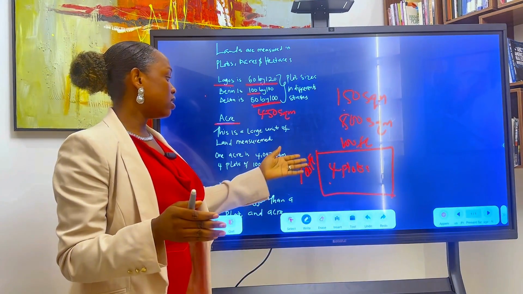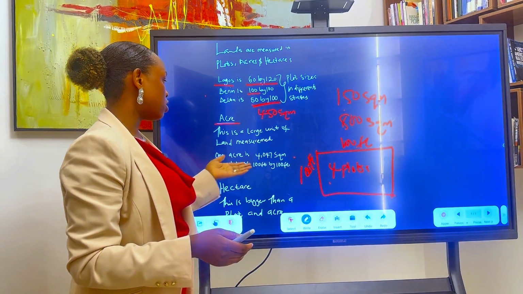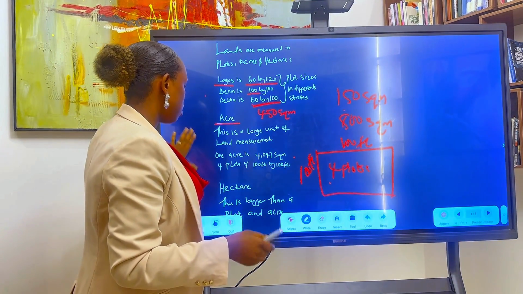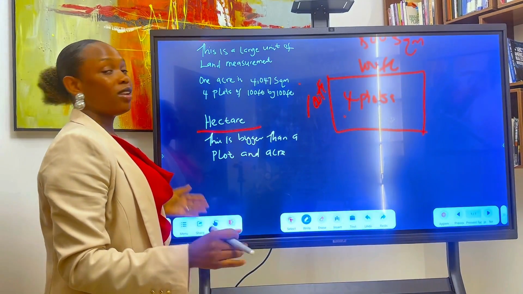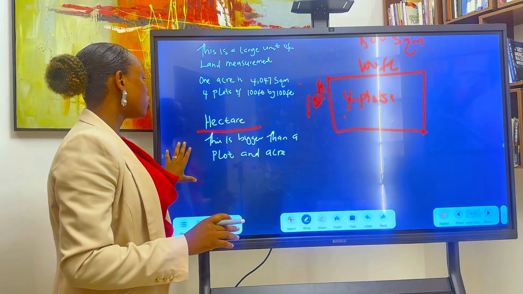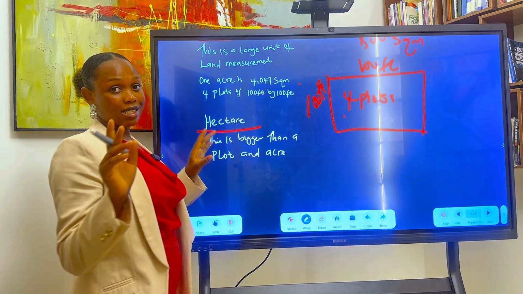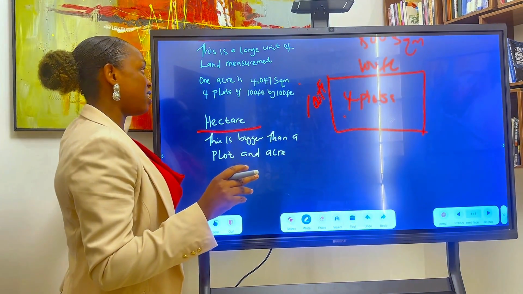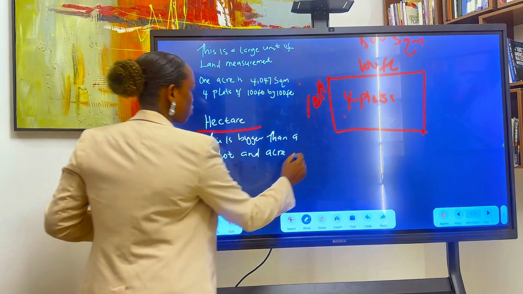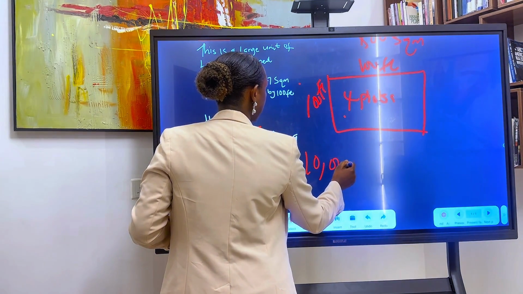And note that we are calculating in feet, and for the square meters, you have 4,000 square meters as 1 acre. So let's go further. This is hectare. So the measurement of 1 hectare is way bigger than anything I have mentioned here, because 1 hectare is 10,000 square meters.